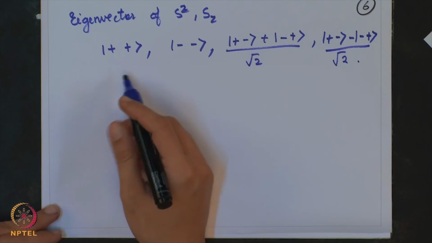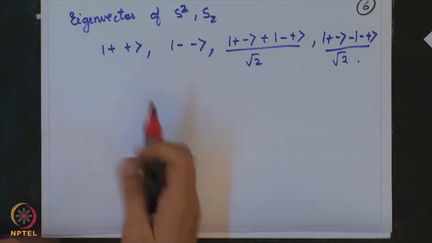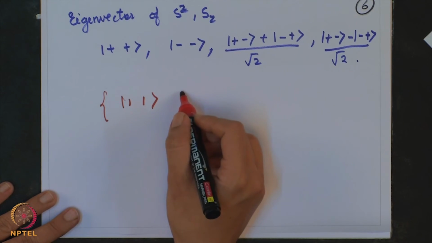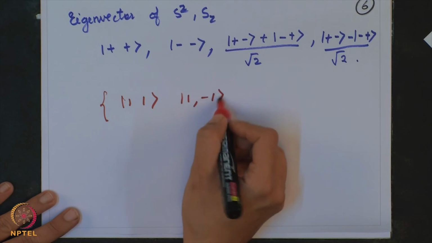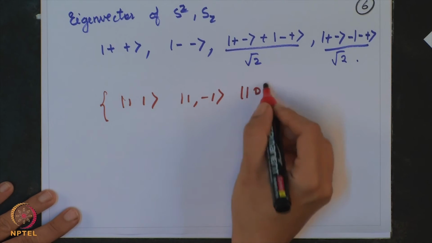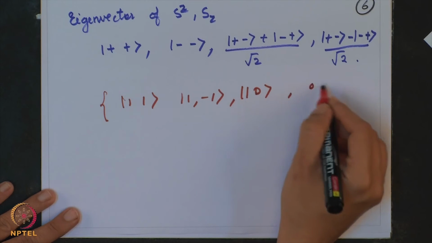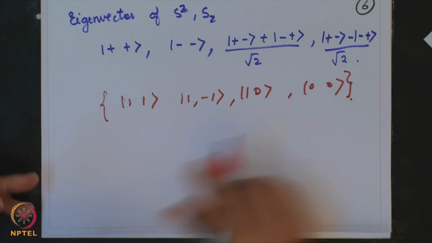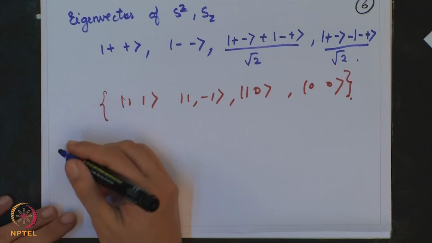So, you can actually write these in terms of up down state as 1 1, 1 minus 1, 1 0 and 0 0, another way of writing this. And then we finally go to the B part.